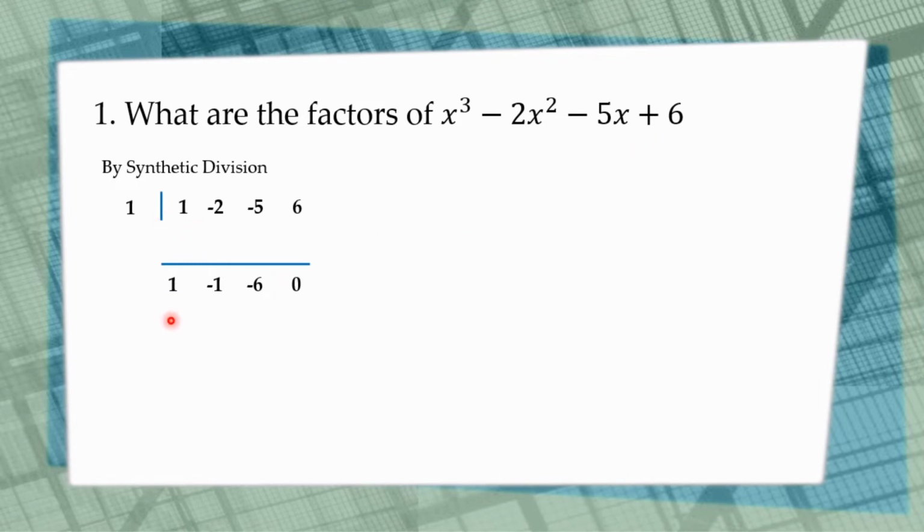So bring down 1, then 1 times 1 equals 1. Negative 2 plus 1 equals negative 1. Negative 1 times 1 equals negative 1. Negative 5 plus negative 1 equals negative 6. Negative 6 times 1 equals negative 6. 6 plus negative 6 equals 0.